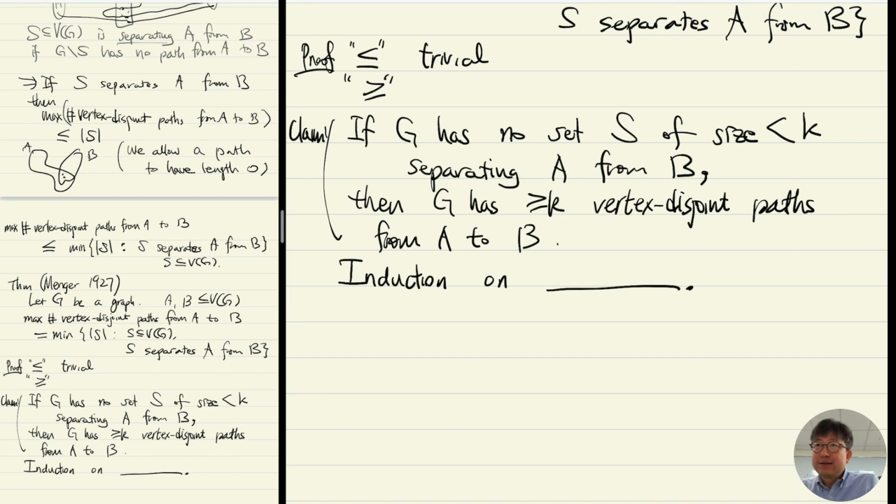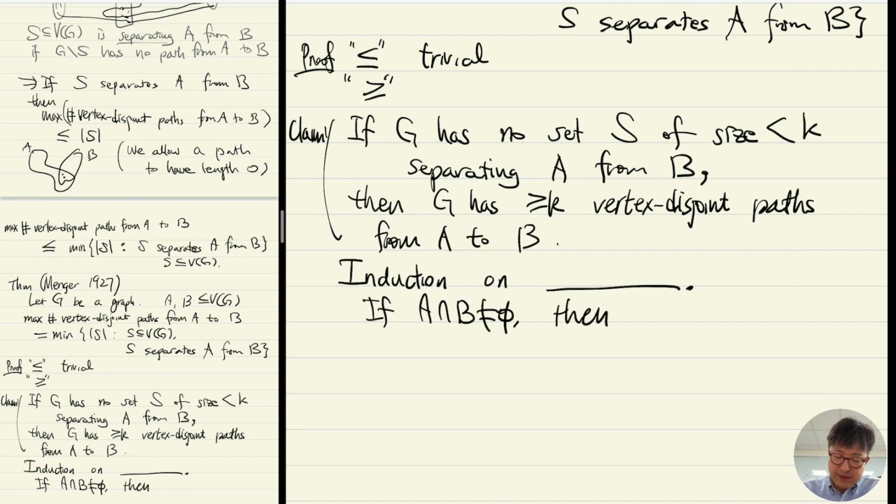So first of all, let's simplify the situation. If A intersection B is non-empty, then let's do something.